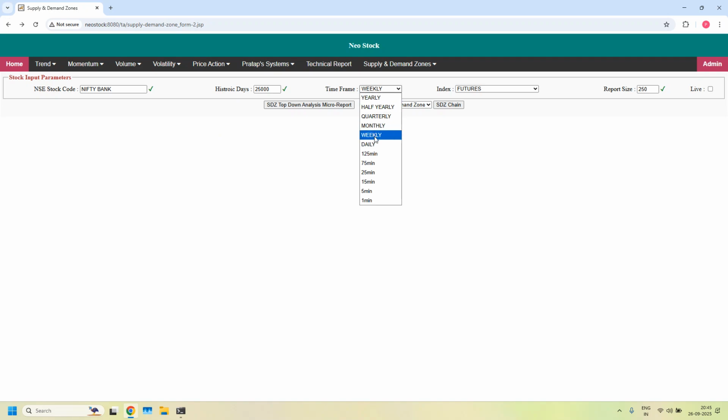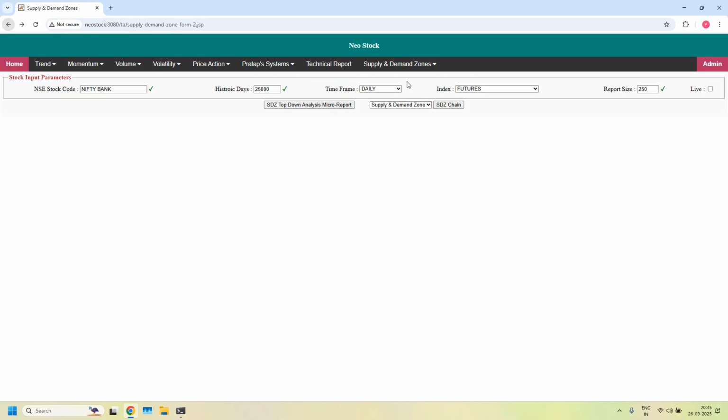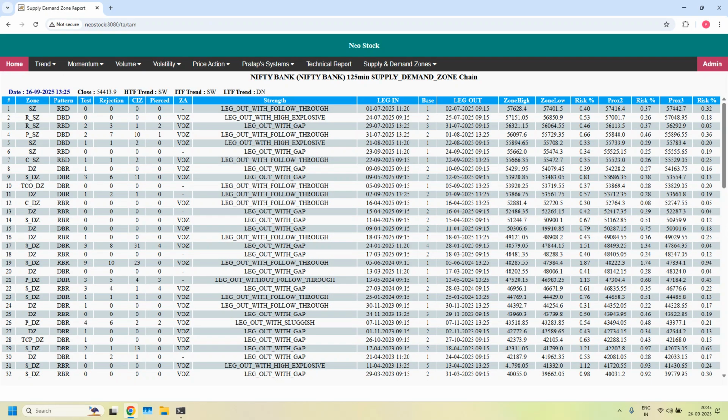Next, generating daily supply demand zone chain for BANKNIFTY. Next, generating 125 minutes supply demand zone chain for BANKNIFTY.